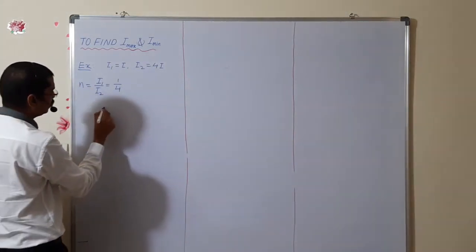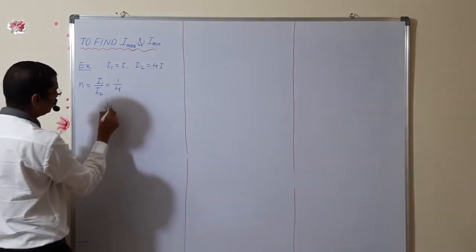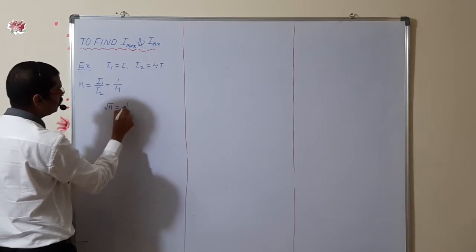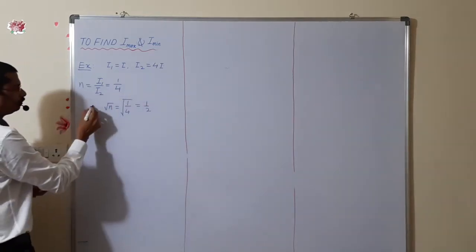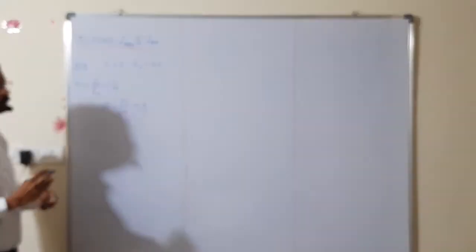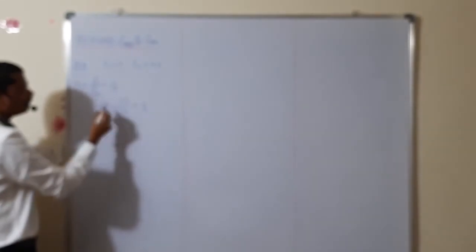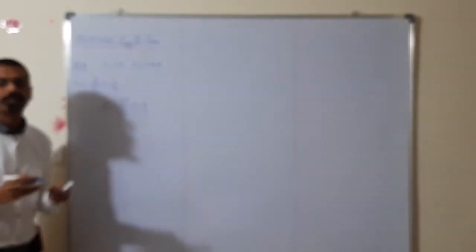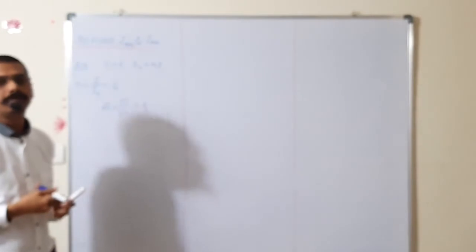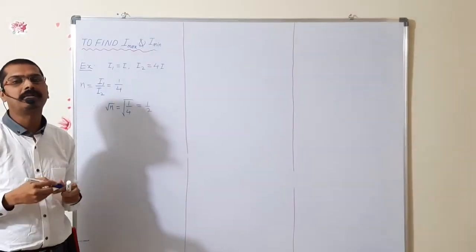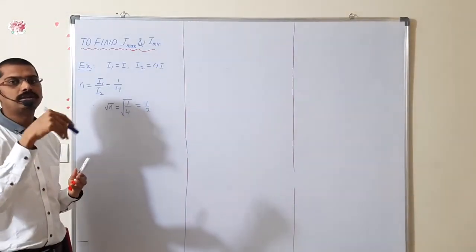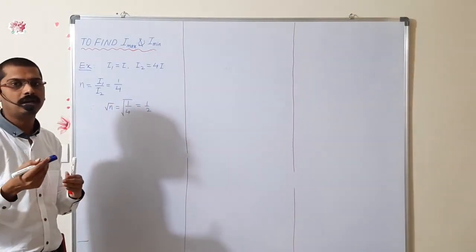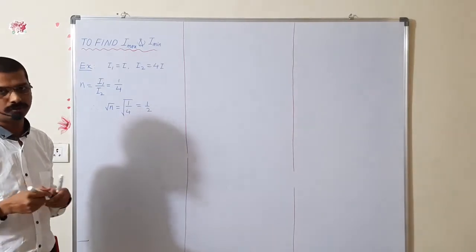If I take root n, it is root of 1 by 4, which is nothing but 1 by 2. Okay, root n value is 1 by 2. I wrote root n because we have already discussed one special case for maximum and minimum: to find the ratio of maximum and minimum intensities, we take the ratio value root n plus 1 whole square upon root n minus 1 whole square.